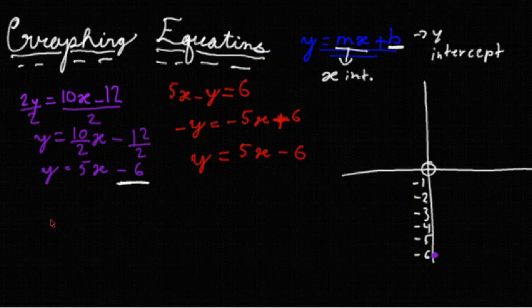Now we focus on the mx part. For this, we have 5x. What you want to do here is look at this first number. The first number is 5, and it's positive, so we go up 5: 1, 2, 3, 4, 5. So this is right here.